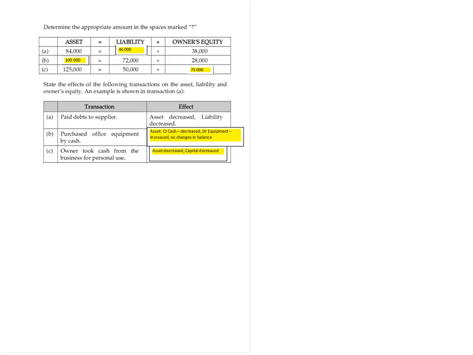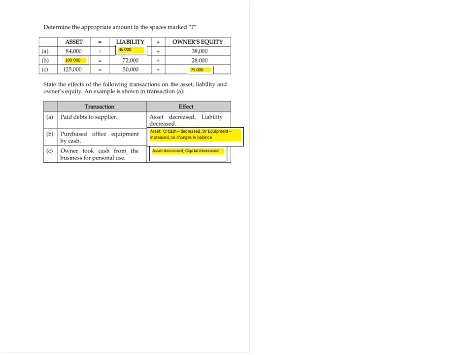So for A1, the liabilities should be 46,000, right? This is very easy, only some math calculation. The B is 100,000, and the C is 75,000. Mostly you have done it correctly. That's okay, so you do understand the equation.